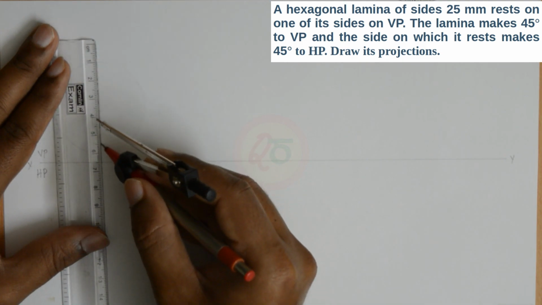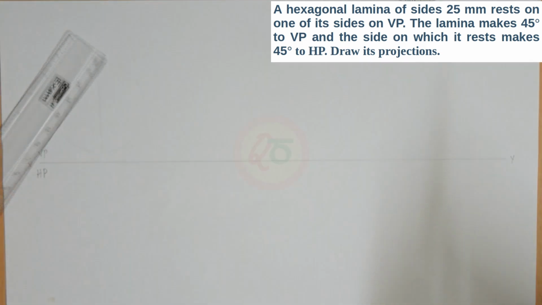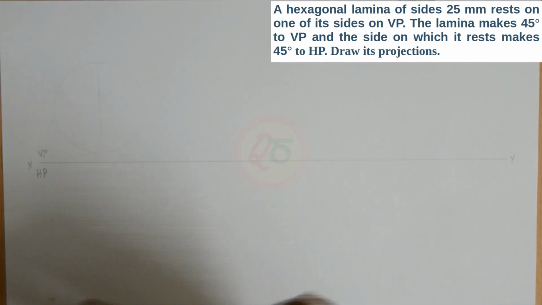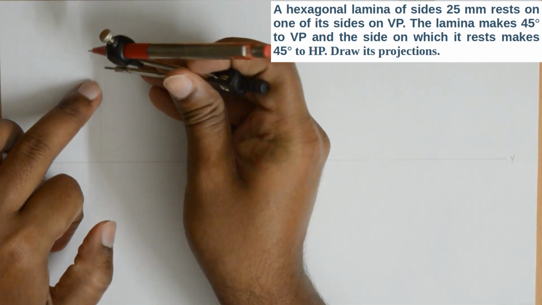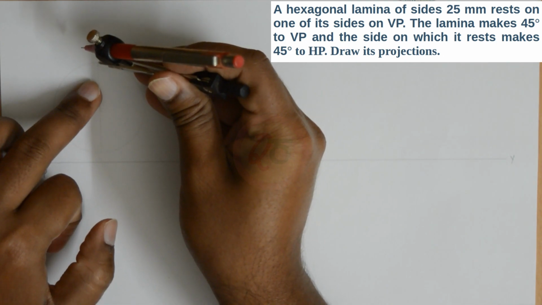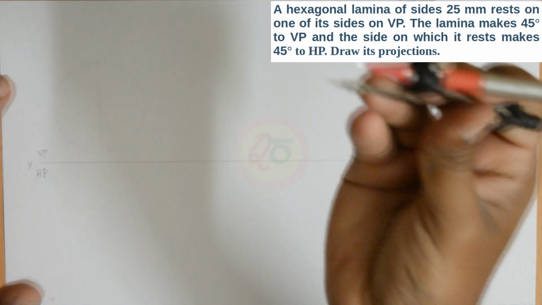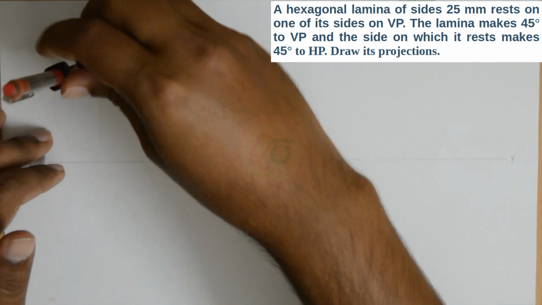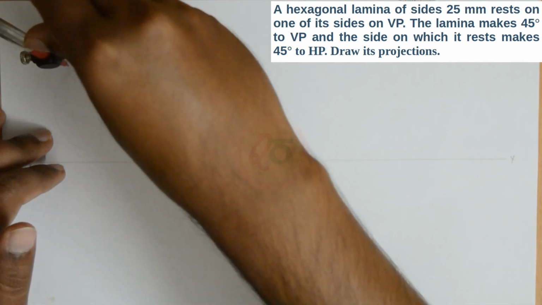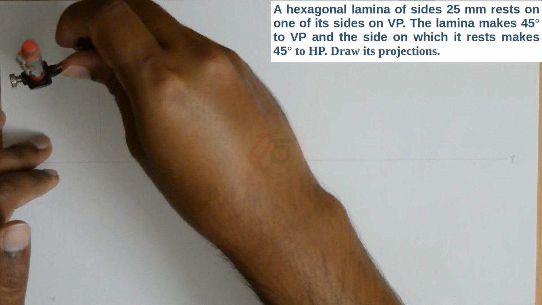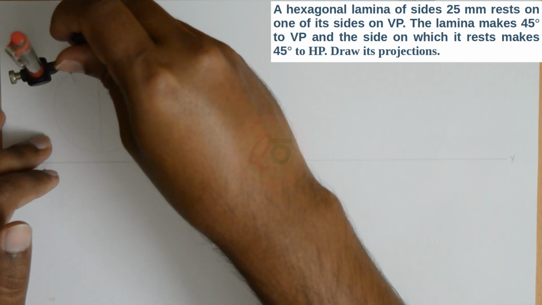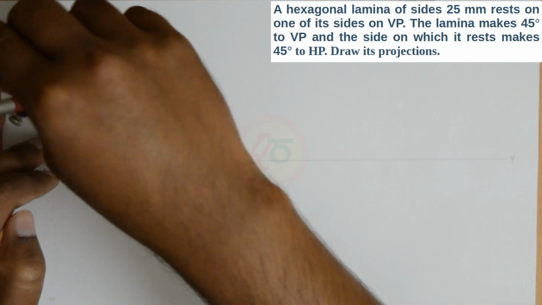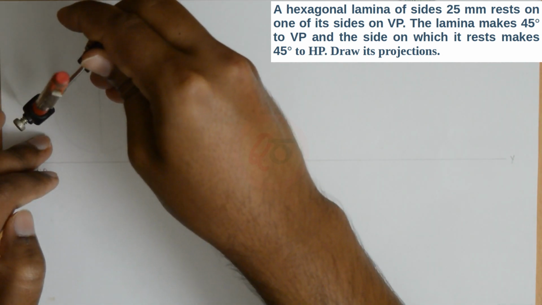Very faintly with your 2H pencil draw a vertical diameter, and from the intersection of the diameter and the circle at the top, with the same radius, 25 mm, cut an arc. Proceed with the intersection of the arc and draw one more arc on the circle.